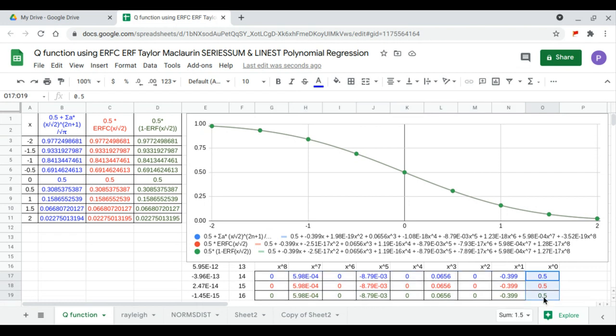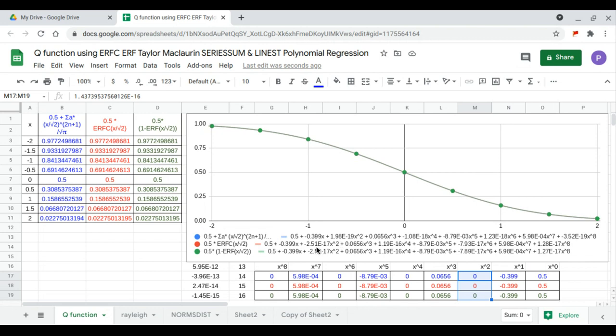So the coefficient for x to the 0 is 0.5. The coefficient for x is minus 0.399. The coefficient of x squared is 0, because 1.98 times 10 to the minus 19 is already 0.